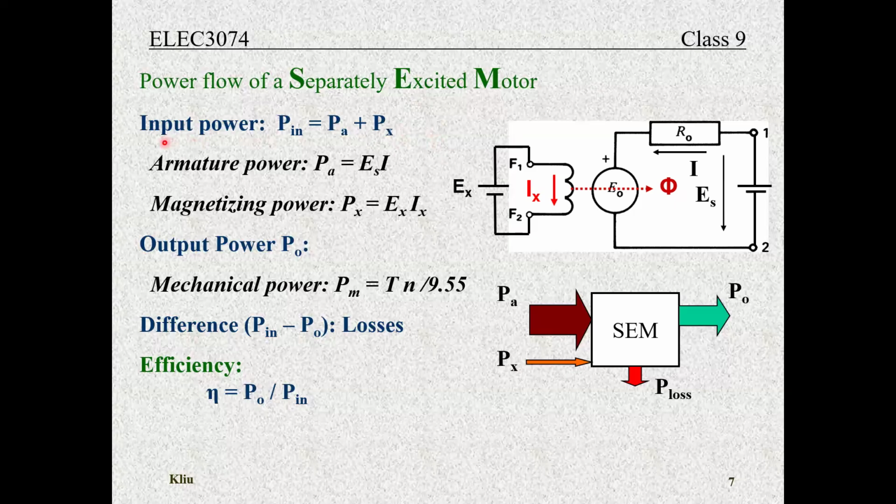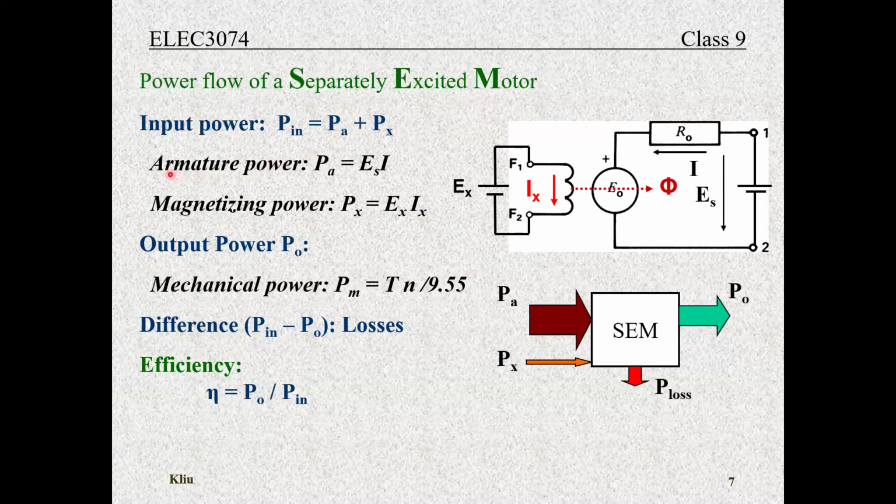Right. Now, input power in this separately excited motor, which is the shunt configuration, is equal to the power that is going to be supplied to the armature and the power that is going to be supplied to the field. Electrically, that's what you're supplying. So that will be the input power that you have to give to the motor.